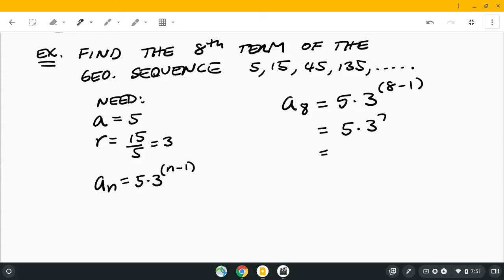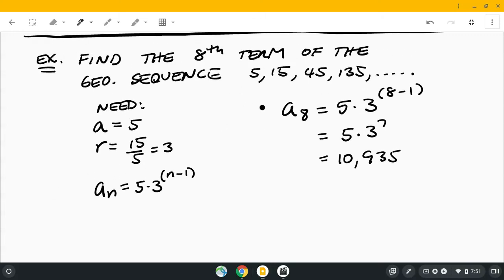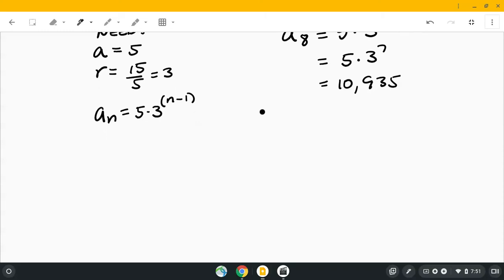When I multiply that all out, I get 10,935. Okay, excellent. So this one is the relatively easy situation. All right, let's take a look at this next one. This next one is going to require more paper.